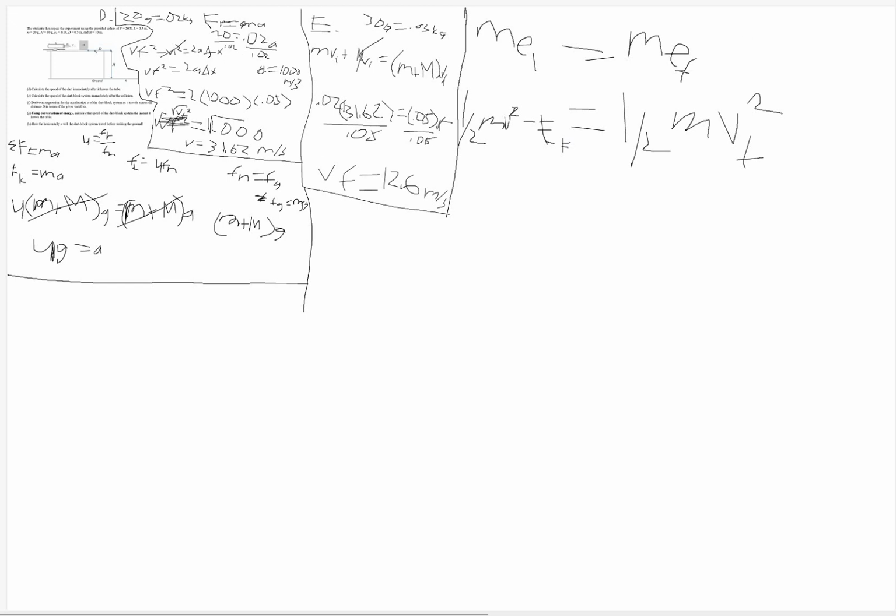Since they asked us to calculate the speed of the dart block, we can use conservation of energy with this formula. The final kinetic energy is 1/2 m v final squared, and the initial is 1/2 m vi squared minus the energy lost due to friction. Okay, so now we just start plugging things in.